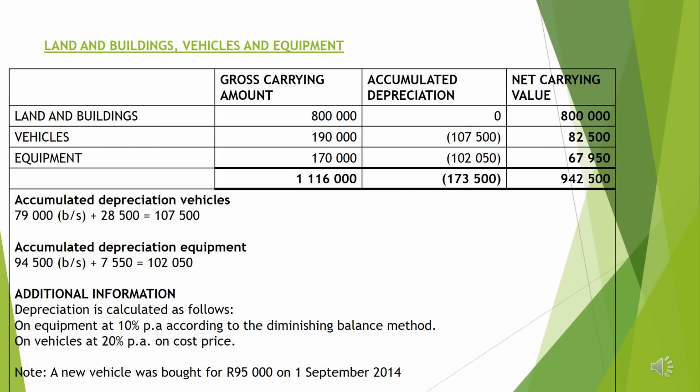There is no further additional information or adjustments, no additions, no disposal for your equipment. Then your balance at the end, 800,000, 82,500, 67,950 should equal these amounts. 800,000, 82,500, and 67,950. That is how you confirm that indeed your calculations were correct.